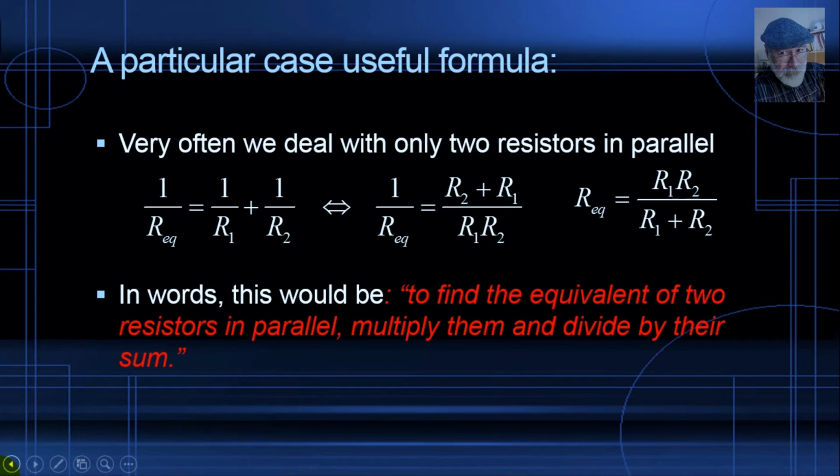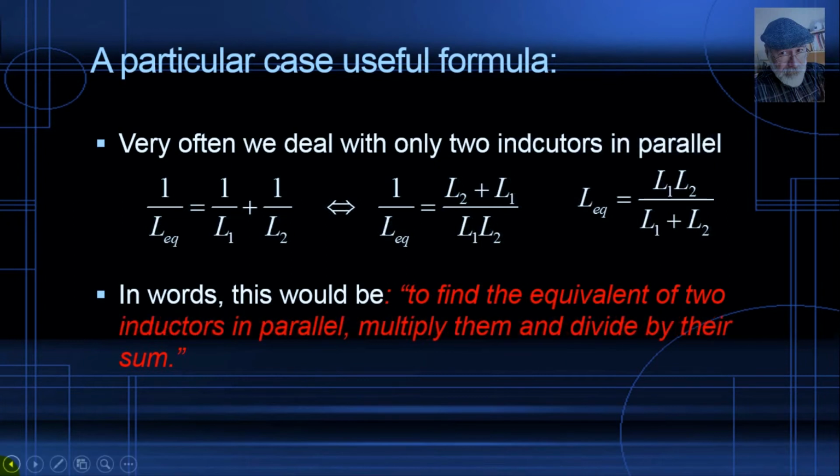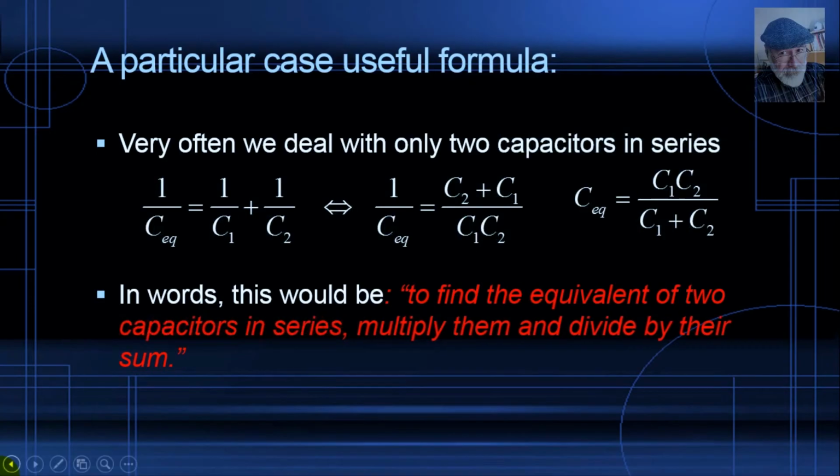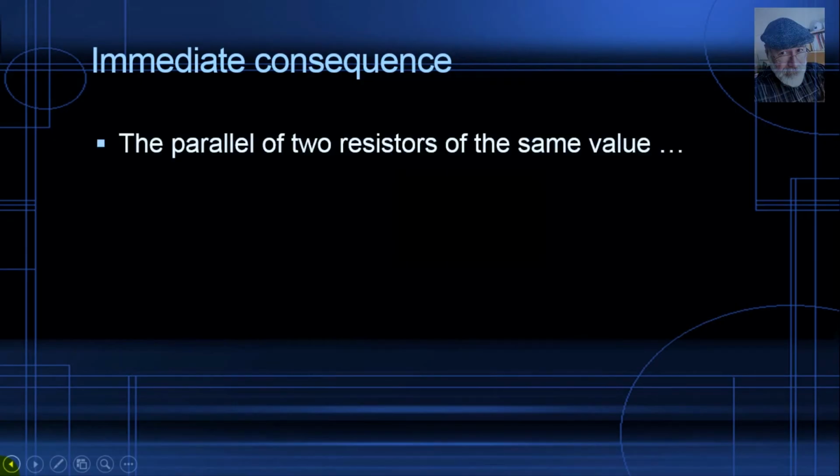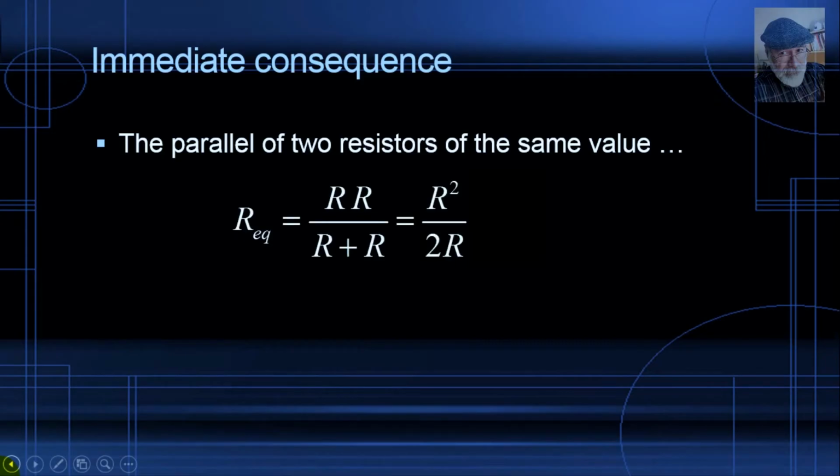Easy to remember, right? Well, the same is true for two inductors in parallel or two capacitors in series. There is an immediate consequence of this simplified formula. What happens when the two resistors in parallel have exactly the same value? We apply the formula. Multiply R times R, divide by R plus R, and what do we get?